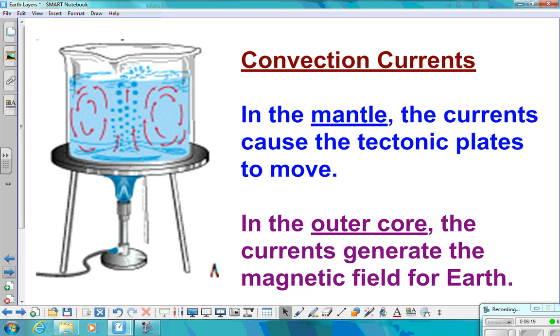Okay, it's moving large masses of very heated hot rock in circular motions, and as it moves in a circular direction, it moves the plates above it. In the outer core, we also have convection currents, and those are related to the generation of our Earth's magnetic field.